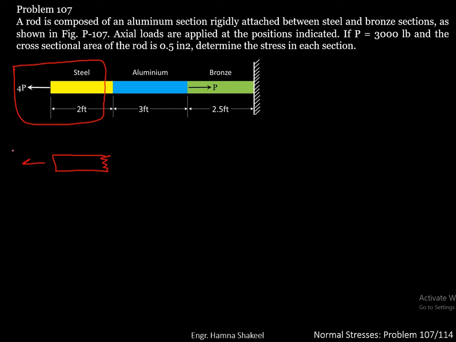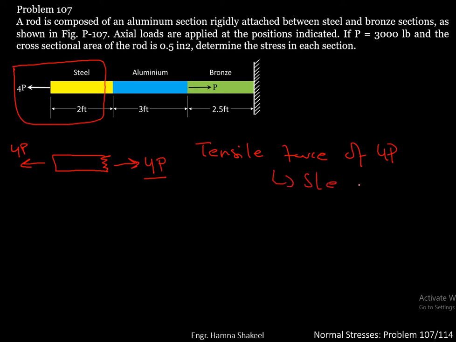you have a force of 4P acting on the left side, and you will have a reaction of 4P acting on the other side. So you can say that a tensile force of 4P is acting on steel. Now for the aluminium, let's draw a free body diagram.